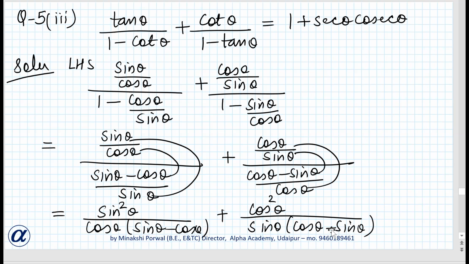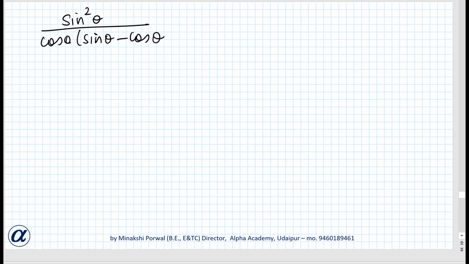Because we have a term of sin theta minus cos theta here. We have a term of sin theta minus cos theta here. So I want to make this one also the same. So I am taking minus sign common. Okay. So minus of cos square theta upon sin theta into sin theta minus cos theta.